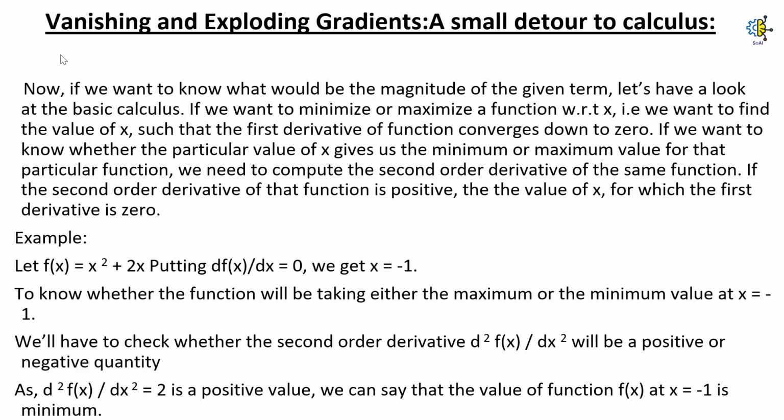If we want to know whether the particular value of x gives us the minimum or maximum value for that function, we need to compute the second order derivative of the same function. If the second order derivative of that function is positive, the value of x for which the first derivative is 0 gives a minimum. Example, let f of x be x square plus 2x.